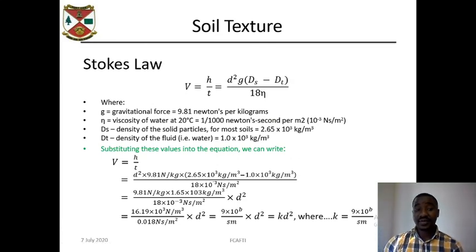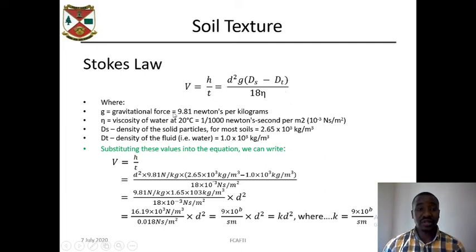Now, let us look at Stokes law. The classical sedimentation method follows this Stokes law. Okay. Stokes law says that V equals H divided by T, which is equal to D to the power 2 multiplied by G open parenthesis Ds minus Dt close parenthesis divided by 18n.